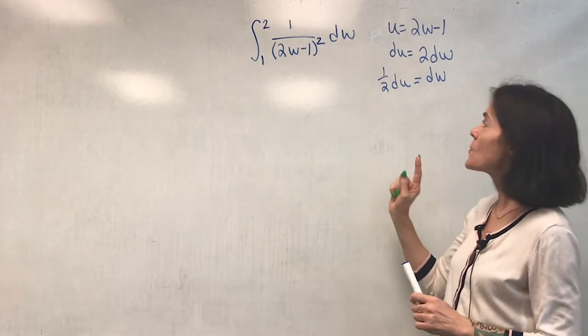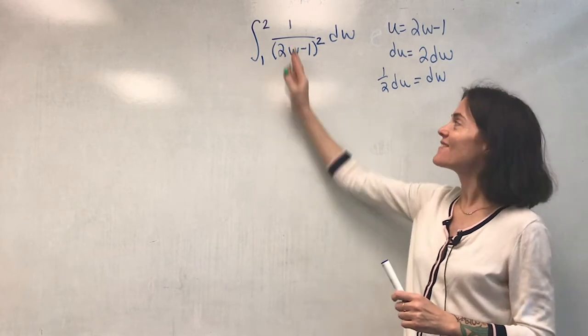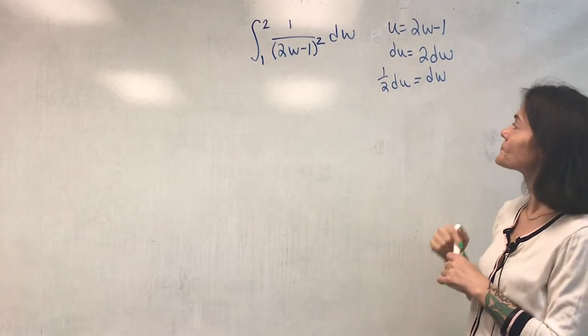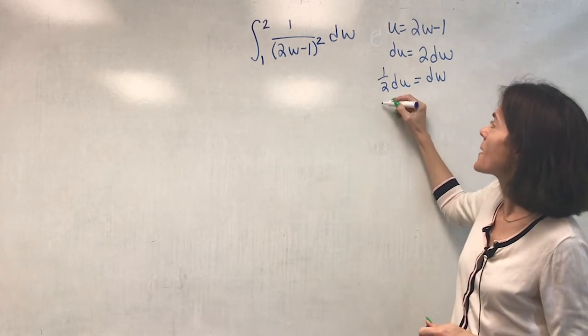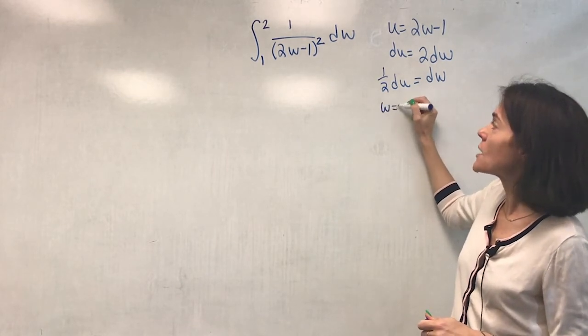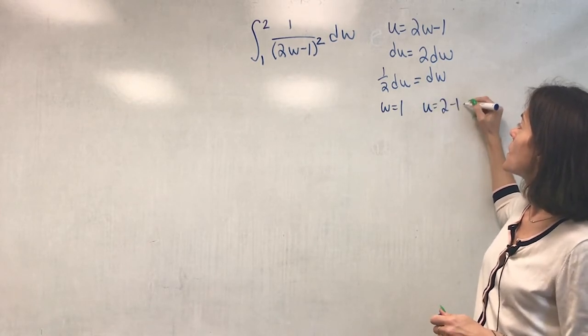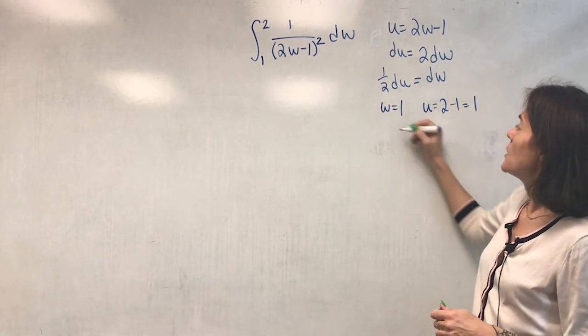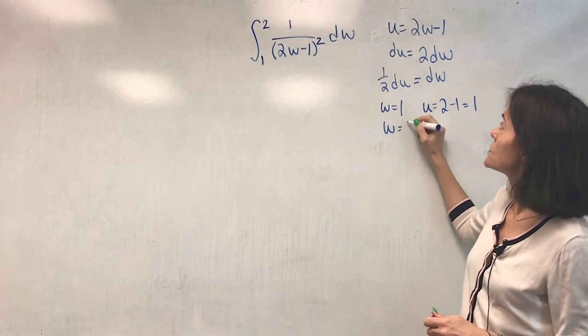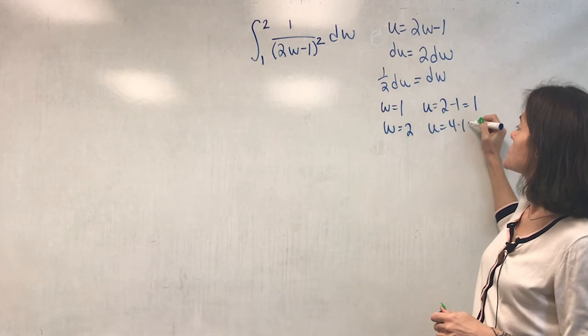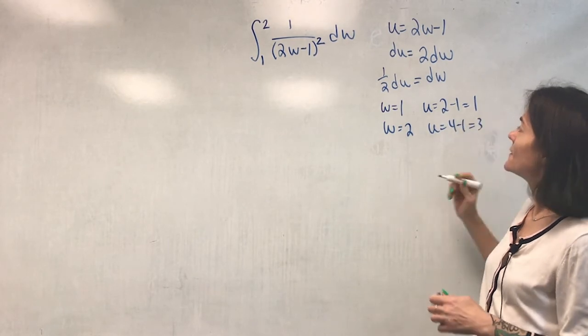Okay, one more step before I write the next integral that this is equal to is I will convert my bounds. When w equals 1, u is 2 minus 1, which is 1. When w equals 2, u is 4 minus 1, which is 3.